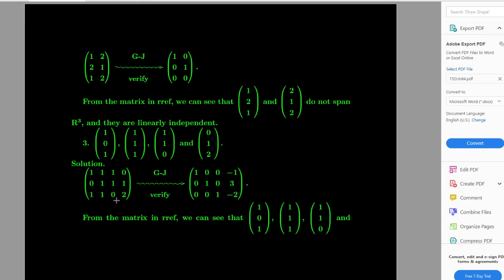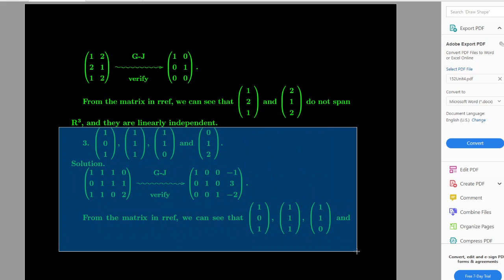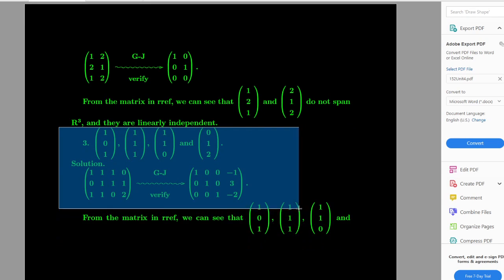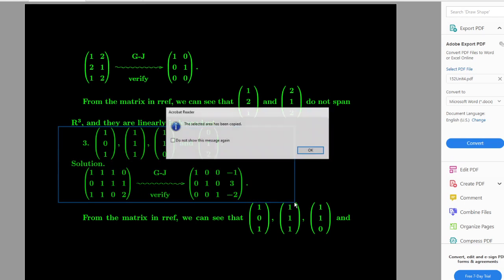Form a matrix with 3 rows and 4 columns, because you are given 4 vectors. Because I'm going to make more comments, I'm going to copy this into the PowerPoint.